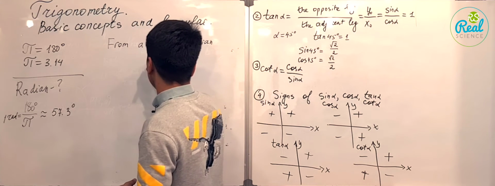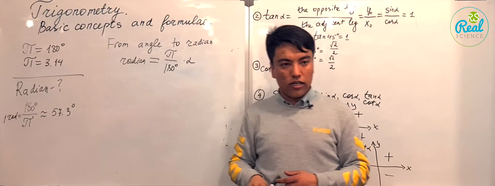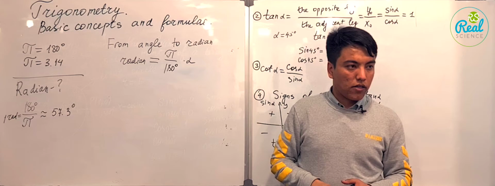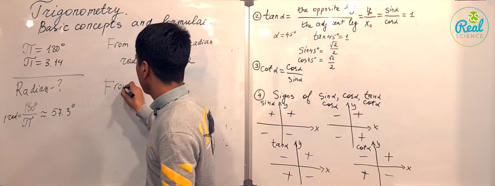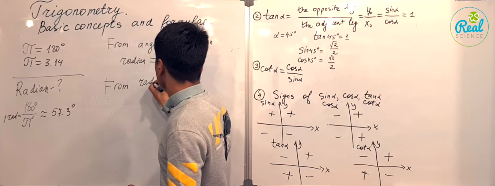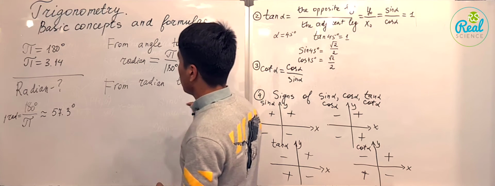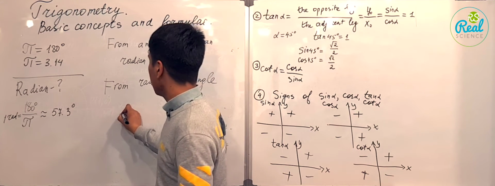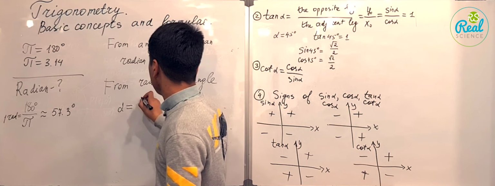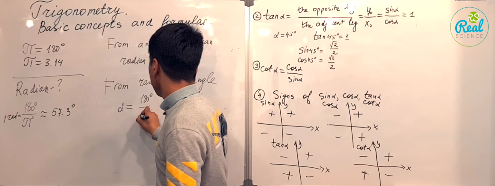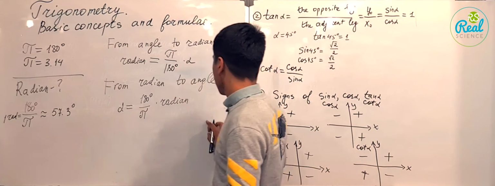This is alpha, now in radian: pi over 180 multiplied by alpha. That's from angle to radian, where alpha is an angle. From radian to angle now, we must find alpha: 180 over pi multiplied by the radian. So that's it.